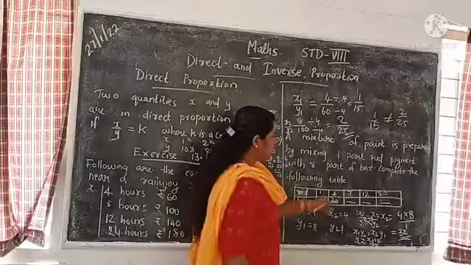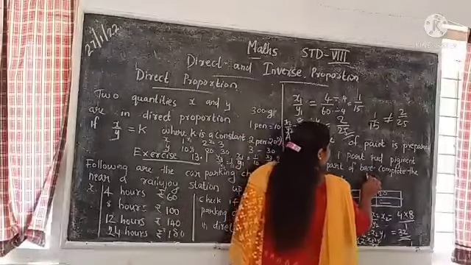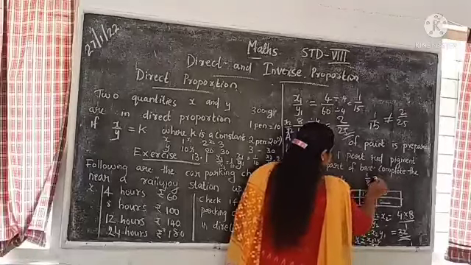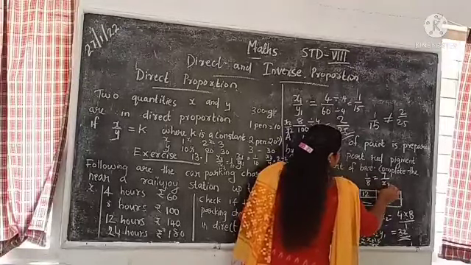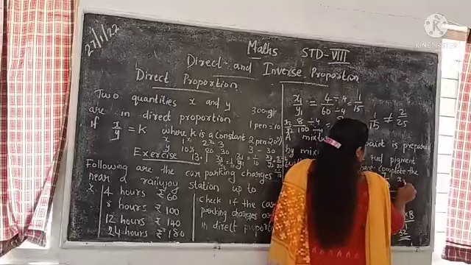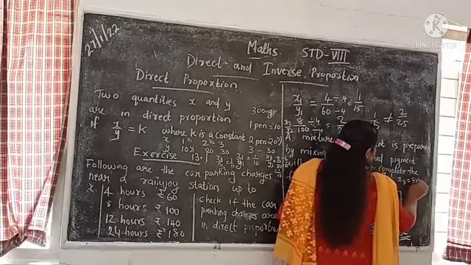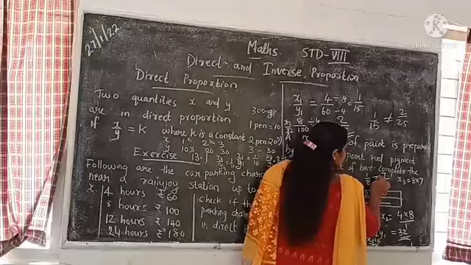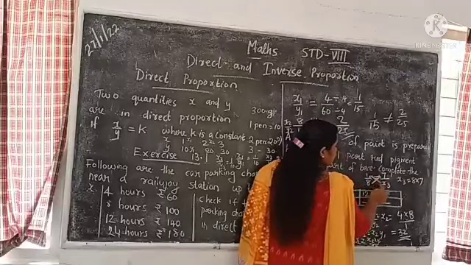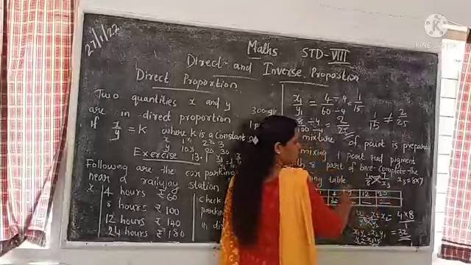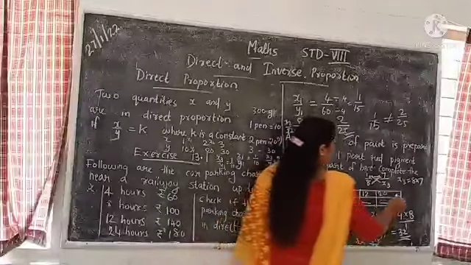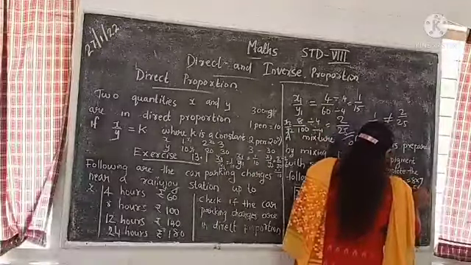Next one, 1 by 8 is equal to 7 by y3. On cross multiplying, 1 into y3 is equal to 8 into 7, that's equal to 56.